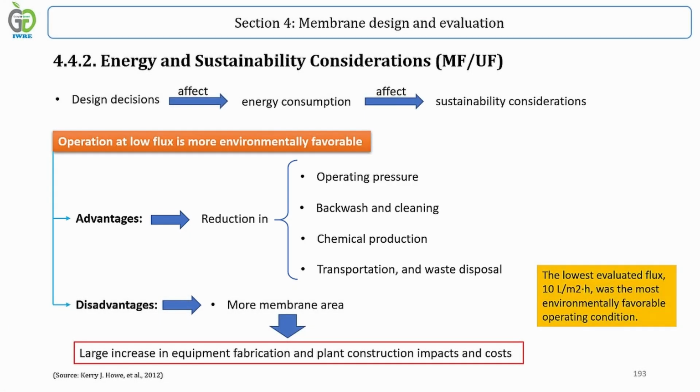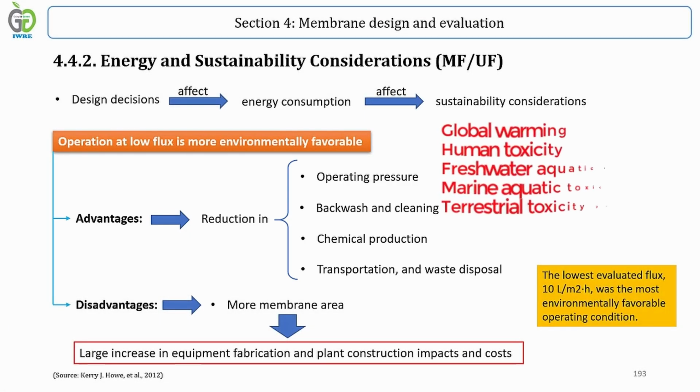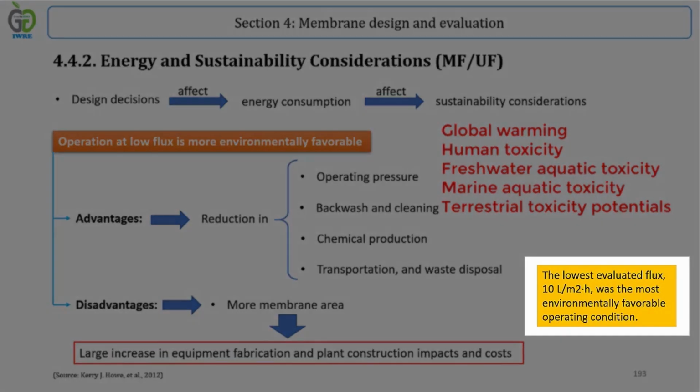For five indicators such as global warming, human toxicity, freshwater aquatic toxicity, marine aquatic toxicity, and terrestrial toxicity potentials, the lowest evaluated flux, 10 liters per square meter per hour, was the most environmentally favorable operating condition.